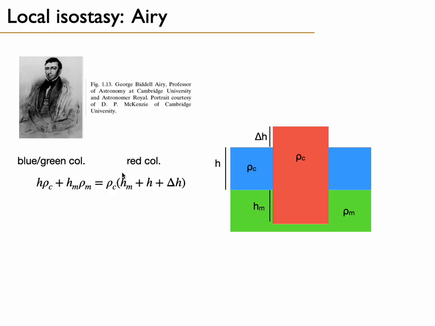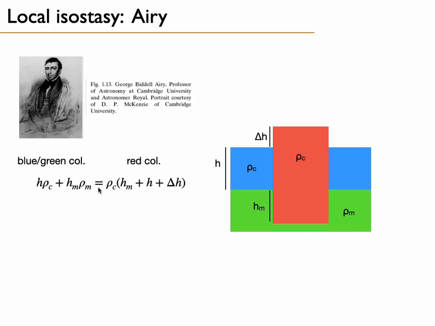And if you want to equate it to the pressure exerted at this block that has an extra root, we need to take into account this bit here, which has a thickness of hm and has a density of rho m. This is a mantle part. This is why it's a blue and green column. It's this whole part here.